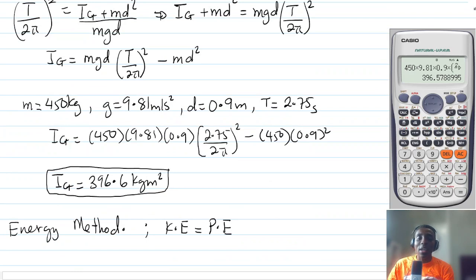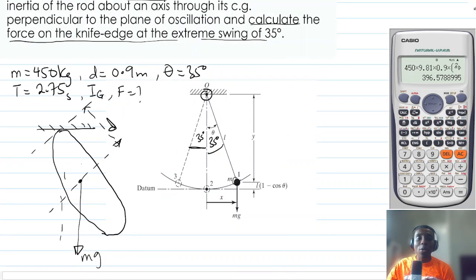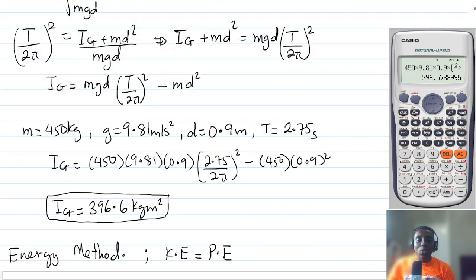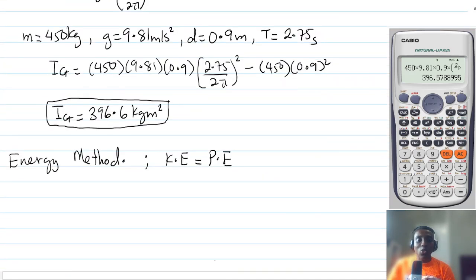In other words, this is a simple harmonic motion, so the energy is conserved. We are assuming that the energy in the form of kinetic energy will be equal to the potential energy. That's what we want to say.